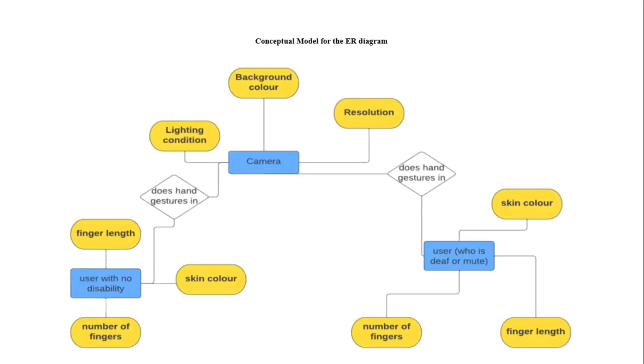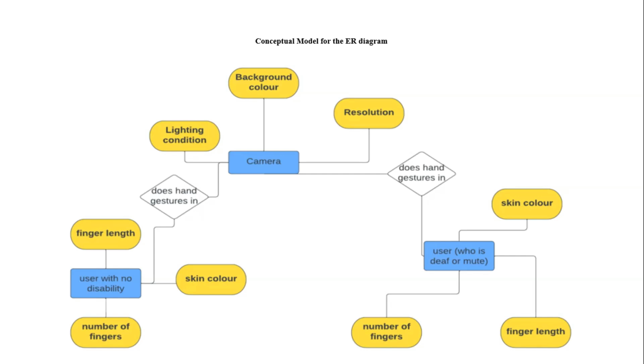So if you see on the ER diagram, it has the background color and then the lighting conditions, and then it has a camera to capture those kinds of colors or conditions or the resolutions, and then the camera captures the hand gestures.